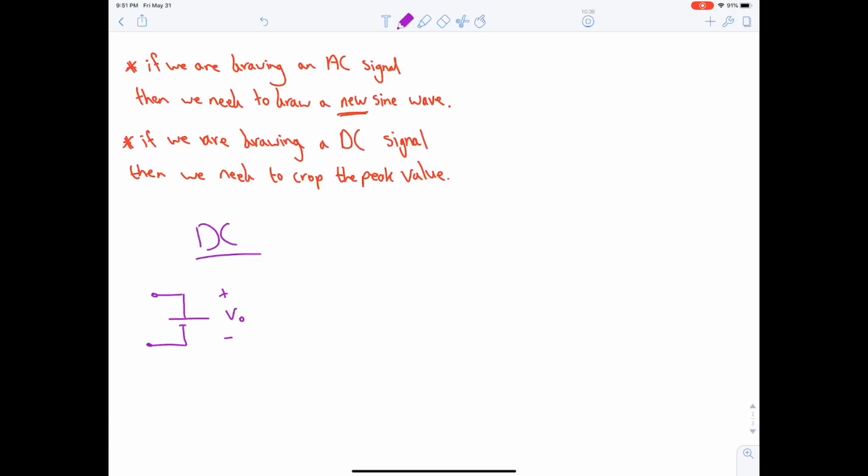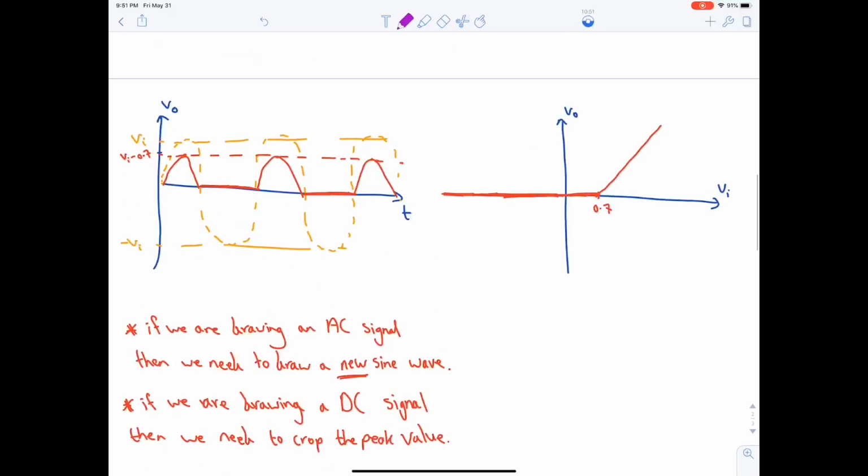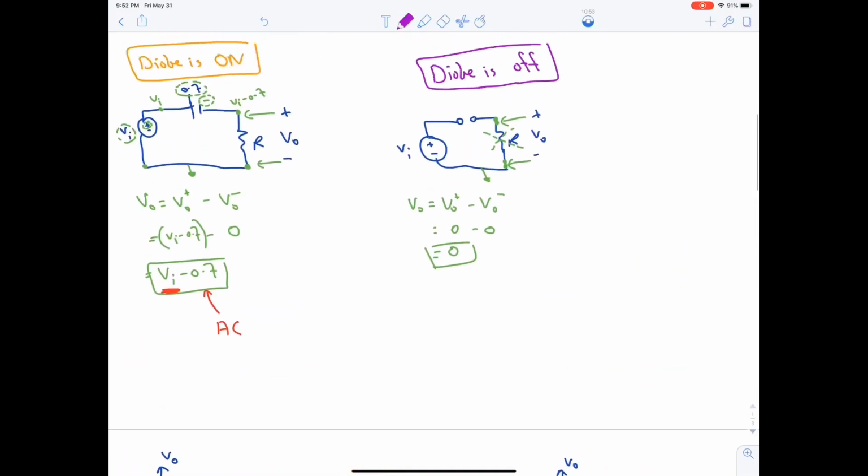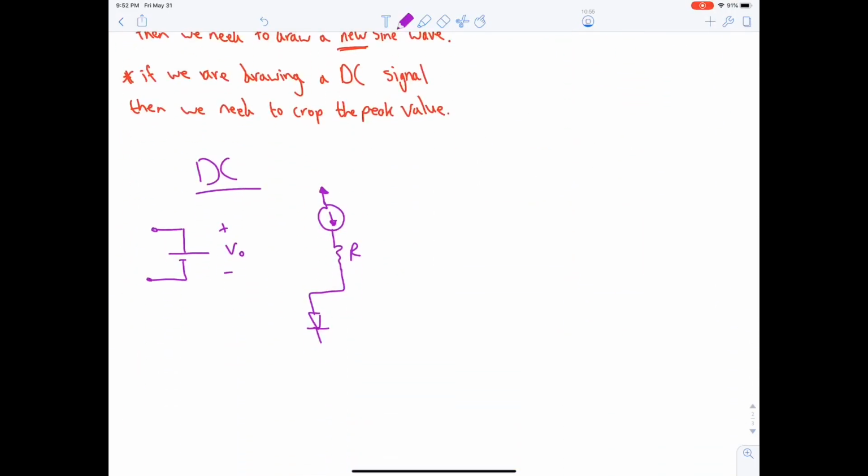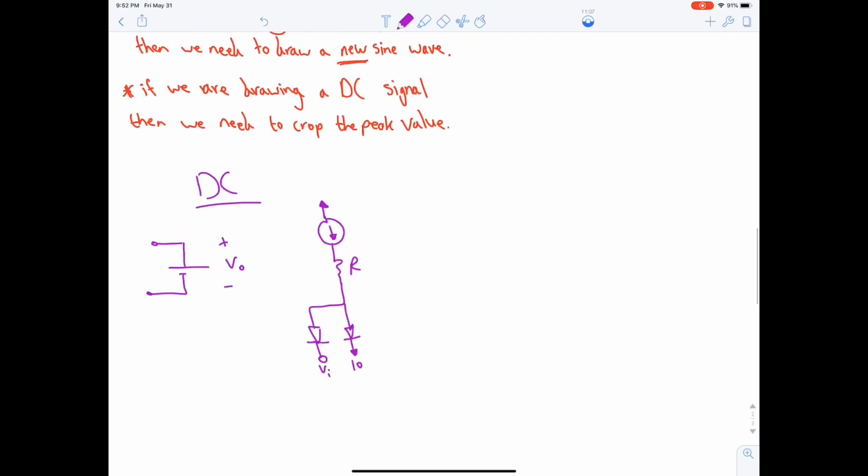Or for example, if you have such a circuit, then again either one part or the two parts are DC. This is VI and the other side is grounded, for example, or has a value. So whenever you see such circuits, I will explain them later. We need to crop.